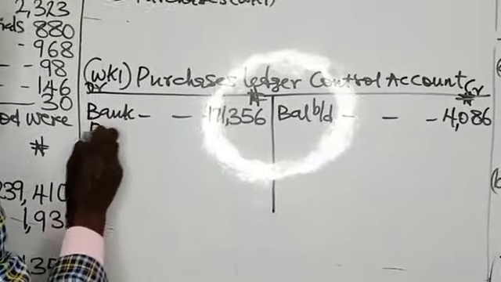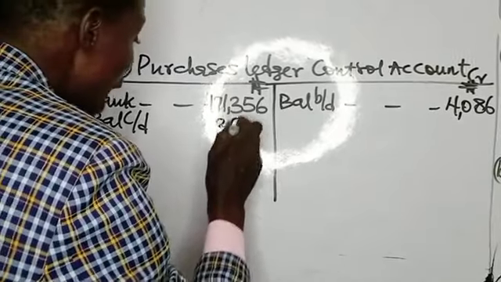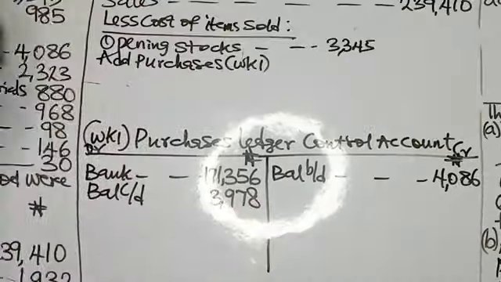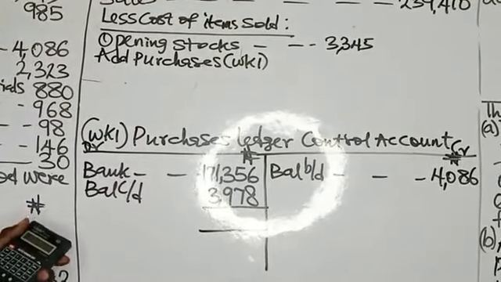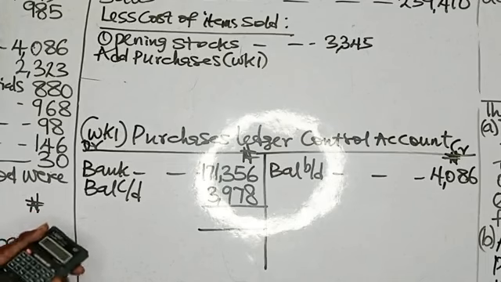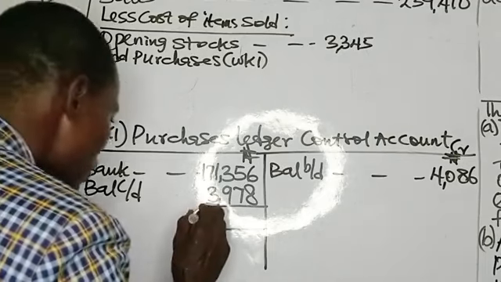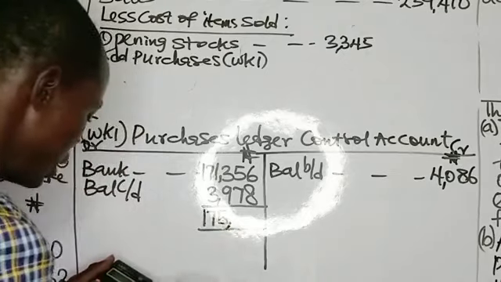You have that as balance carried down, 3,978. What is the total of the debit side? 171,356 plus 3,978. The debit side is totaled 175,334.